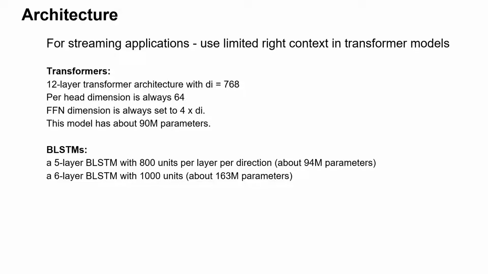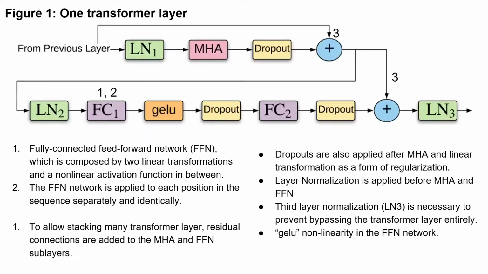In the case of a BiLSTM, if you go for a 5-layer BiLSTM with 800 units per layer, then the number of parameters comes to about 94 million. But if you go with a 6-layer BiLSTM with 1000 units, the parameters almost double. So this was the comparison and the application.